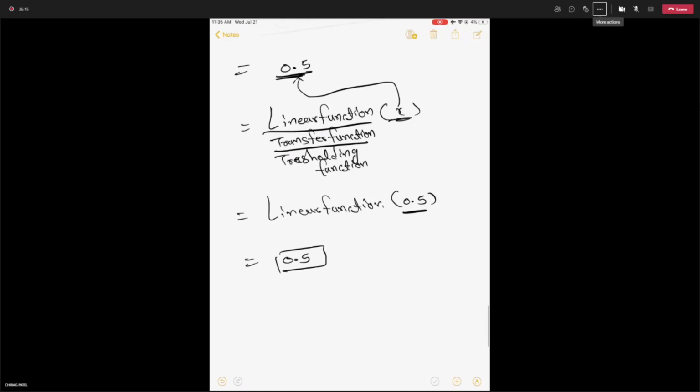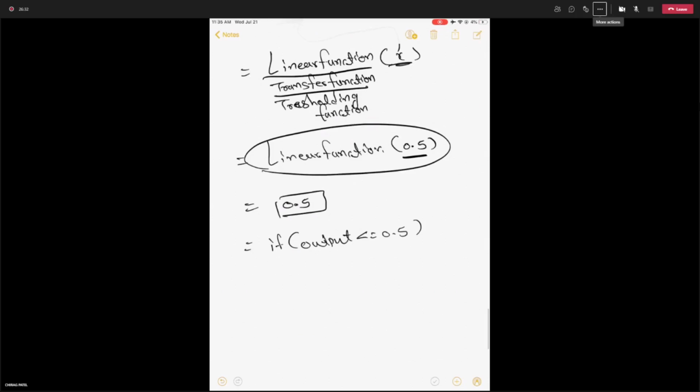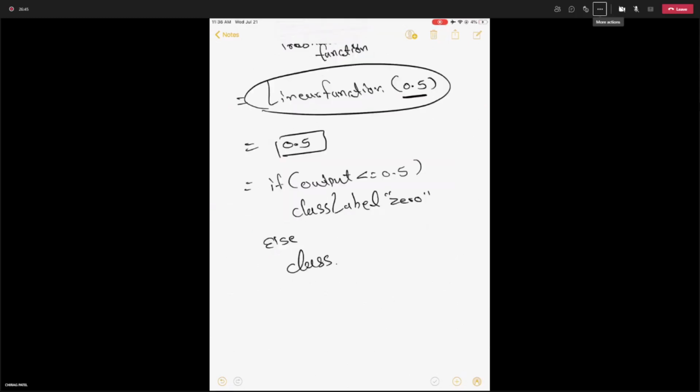So for that, whenever you are doing the programming, at that moment you write down the conditions. If the output is less than or equal to 0.5, we state it as class label 0, else class label 1.